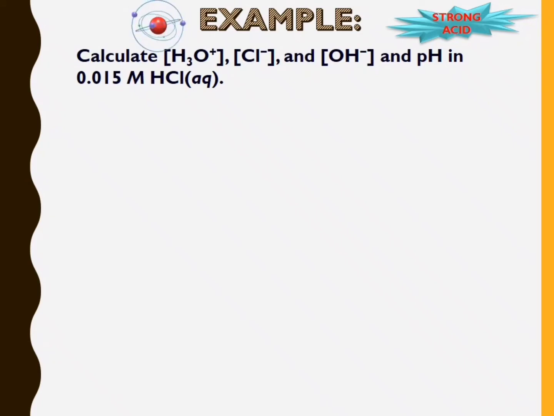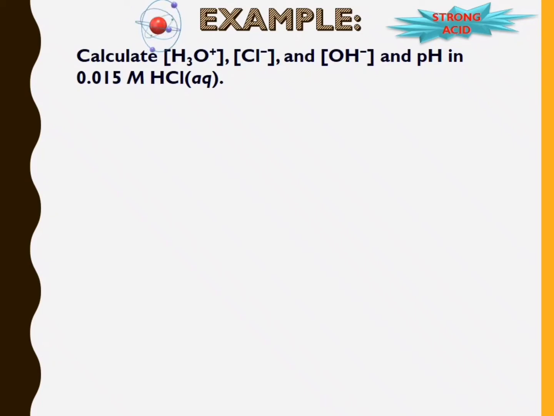Dia kata calculate concentration H3O plus, Cl minus and OH minus and the pH of 0.015 molar HCl. Okay, so what we need to do, we need to write the equation first. Okay, so we know that HCl adalah strong acid.